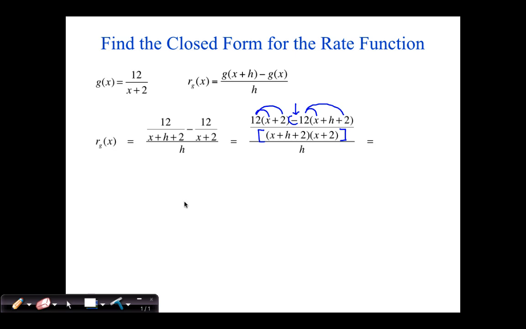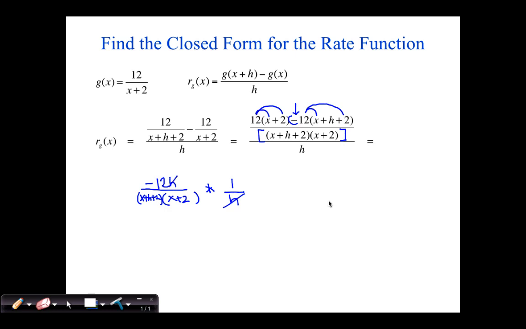Instead of negative 12h over that two-factor denominator, x plus h plus 2 and x plus 2, instead of writing that all over h, I can multiply by 1 over h. This fraction over h is the same as multiplying by 1 over h. And at this point, the best part about fractions, cross-canceling.